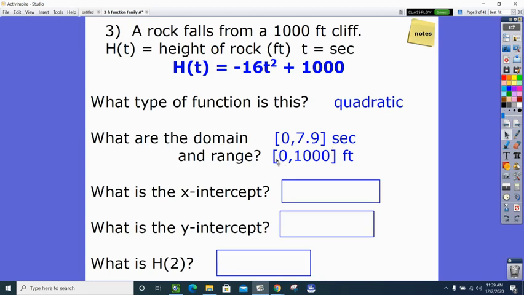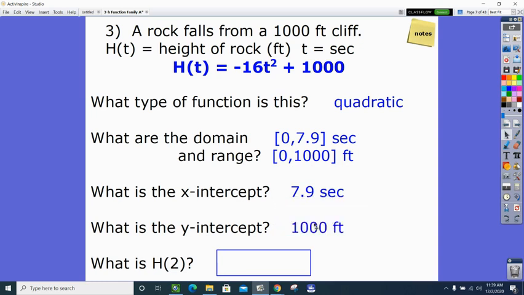The range definitely has to agree with mine. And don't put the 1,000 on the left, even though it started there. Your range should go in order of the number line. So inclusively 0 to 1,000 feet. The x-intercept is about that 7.9, and the y-intercept is a definite 1,000 feet.